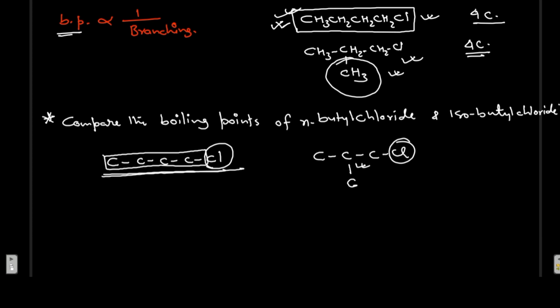So compare the boiling points of normal butyl chloride and isobutyl chloride. This is normal butyl chloride and this is iso. I told you the second last carbon should have a CH3, methyl group. So this is iso. So iso will have the lower boiling point.